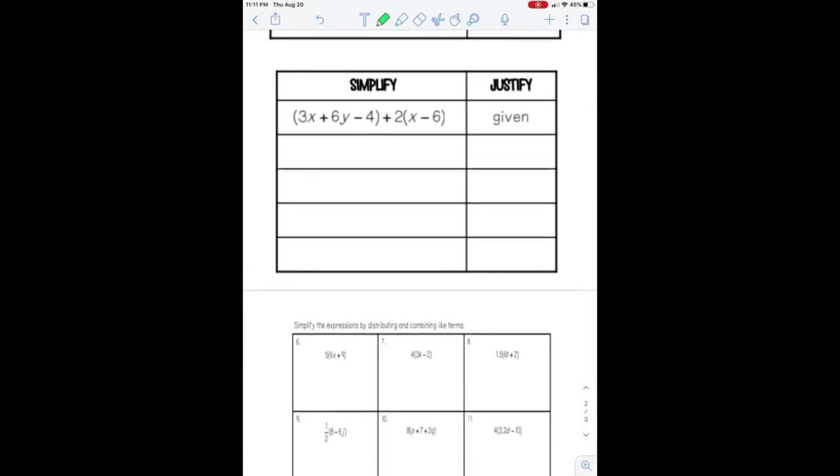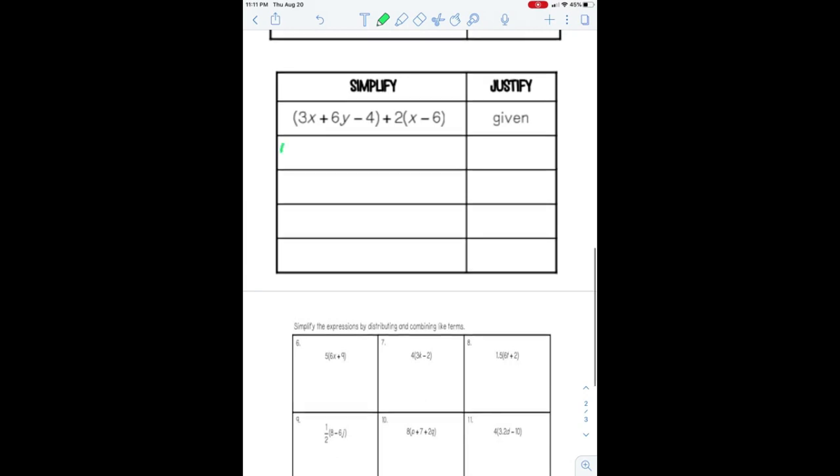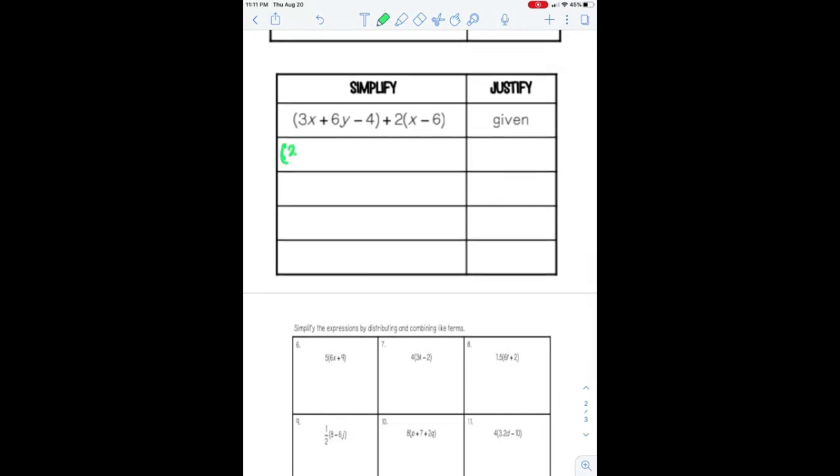Now here, we've got two sets of parentheses. But if you look, our first set doesn't have a coefficient outside them. They've got nothing we can distribute, so we're just going to leave that alone for now. But the second one, we have to distribute that too. So 2 times x, we already know, is 2x.